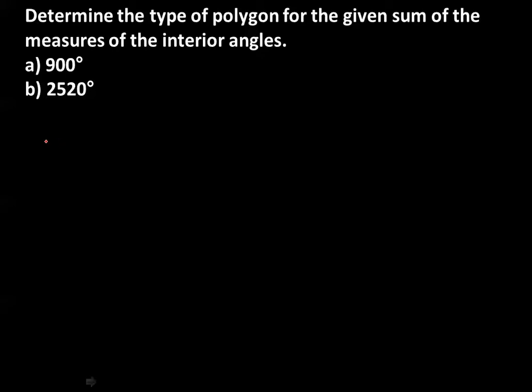So remember our formula. We had 180 times n minus 2 equals the sum of the interior angles. Okay, so I just got to plug in this information that I'm given, which is the 900.